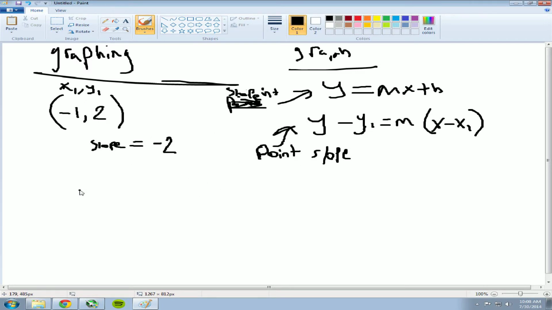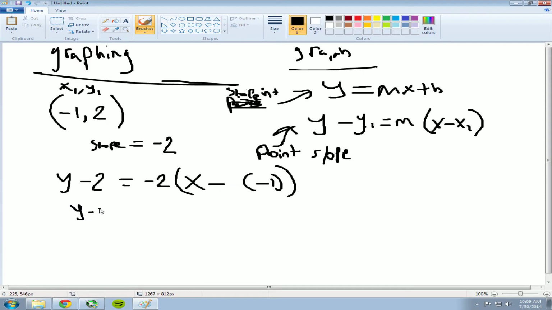So, if we follow this equation, we have y minus y1, which is 2, equals the slope, which is -2, times x minus x1, which is -1. Now, x minus a -1, that's plus. Minus minus is plus.